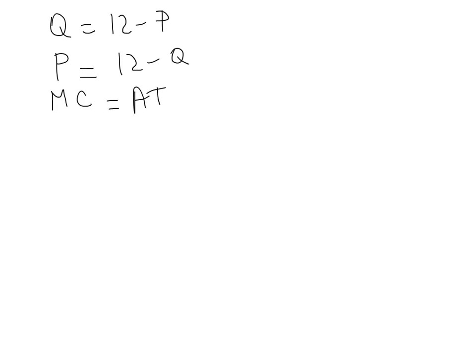Quantity equals 12 minus P, P is price, so price equals 12 minus Q. Then we have marginal cost equals average total cost, $2 per unit, and then we have marginal revenue equals 12 minus 2Q.